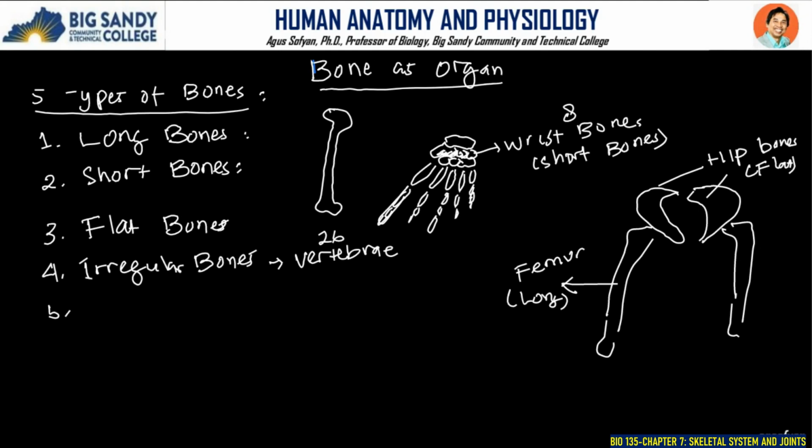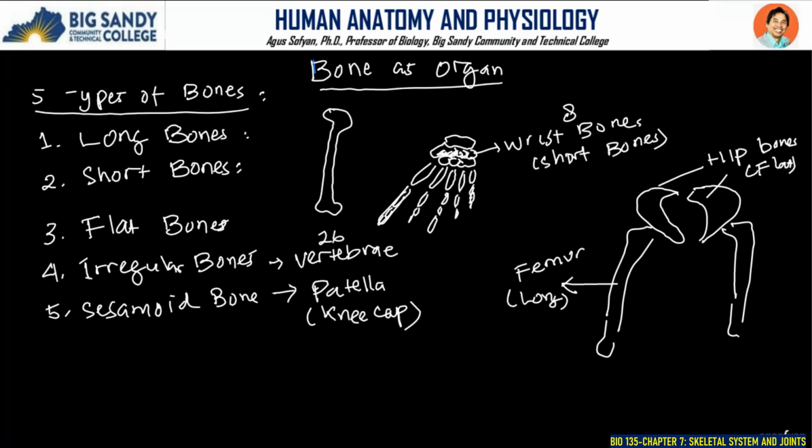And the last one is called the sesamoid bone. This is the bone located in our knee, called the kneecap or patella. So the kneecap is a type of sesamoid bone. So these are the 5 different types of bone based on shape, as organs.